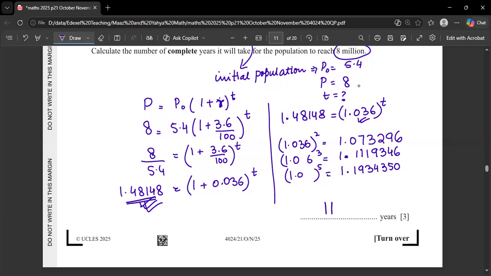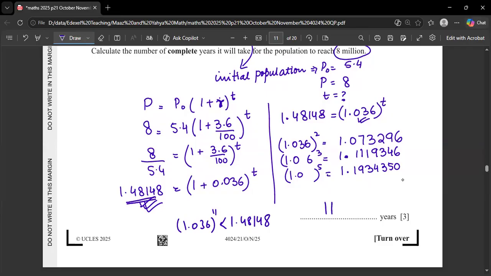We are not getting this number, right? When we were putting 1.036 to the power 11, we are getting a number below 1.48148. Okay, clear? And when we put 12, it is exceeding.